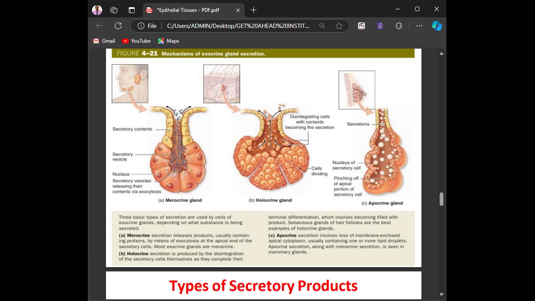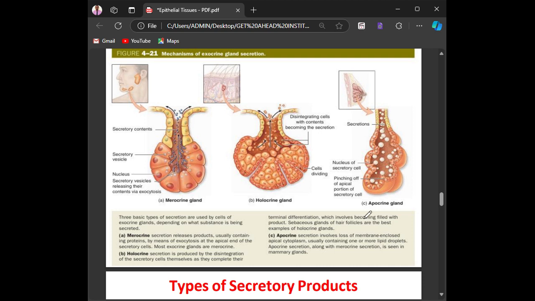The merocrine glands involve exocytosis. For example, you have the sweat glands and the pancreatic acini cells.